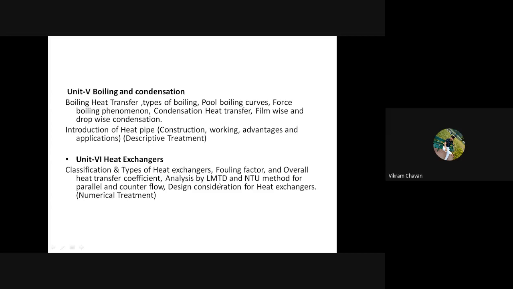The LMTD and NTU methods for parallel and counter flow: these are the types of heat exchanger, the parallel flow heat exchanger and the counter flow heat exchanger. We are going to study them in detail in this chapter, no worries. Then design considerations for heat exchanger, and it has numerical treatment also. Okay, so this much syllabus for our subject.